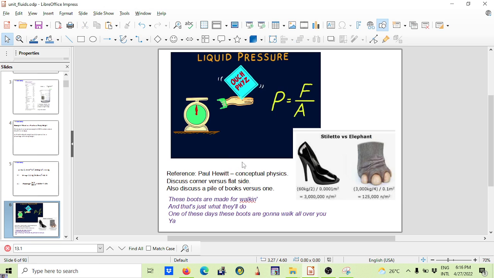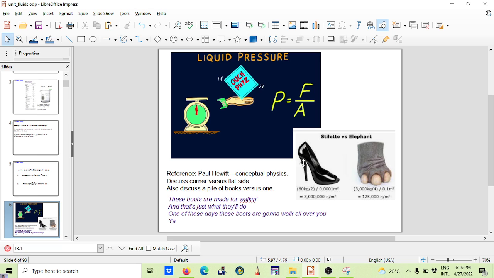I think the best example for that is when you compare high heels to sneakers, and here I have found, I guess it's an Italian website. I'm not sure, but they compare fine. Try to do that. Pause the video.